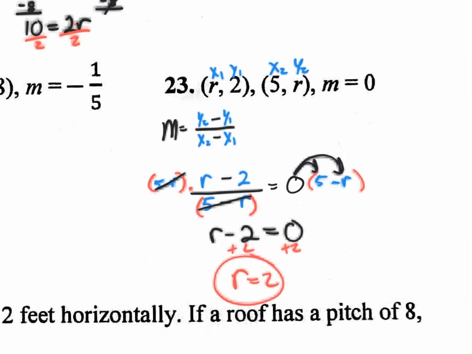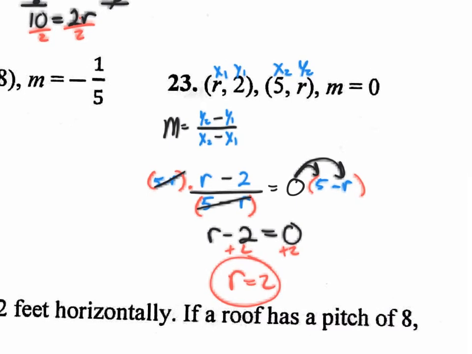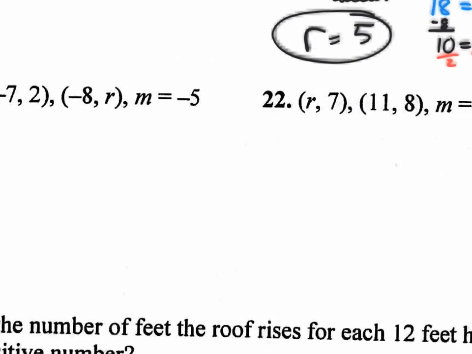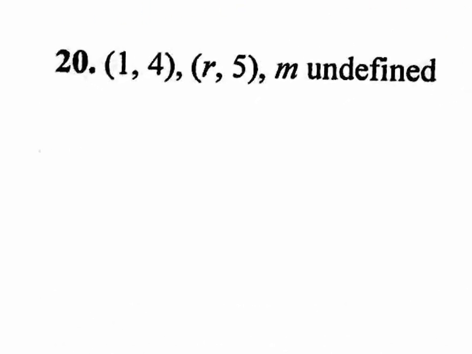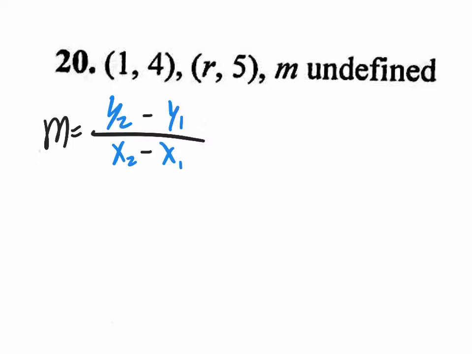What about number 20? It says undefined. Number 20, undefined. So let's write our slope formula. Let's label our coordinates, first point, second point. Let's plug in our values. Now, what does undefined mean?